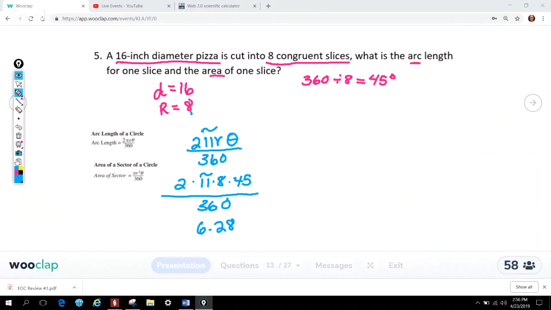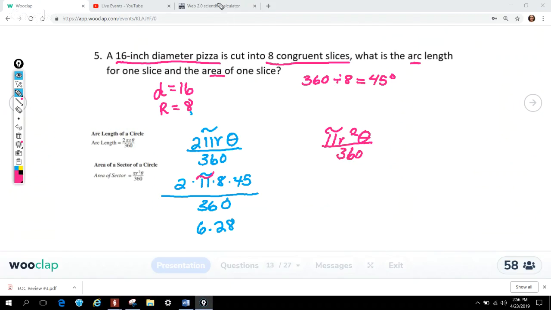For area of a sector, we're going to follow a similar pattern. You can use pi or you can use 3.14. Either one will give you a close enough answer for the multiple choice. The area of a sector is pi r squared theta, again divided by 360.